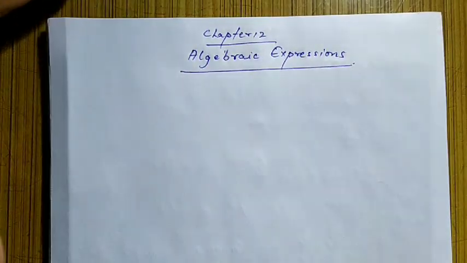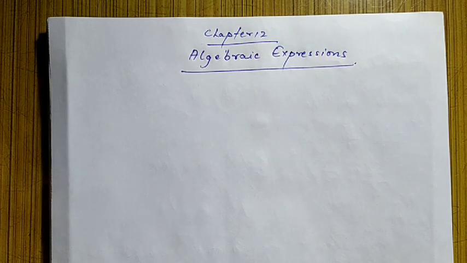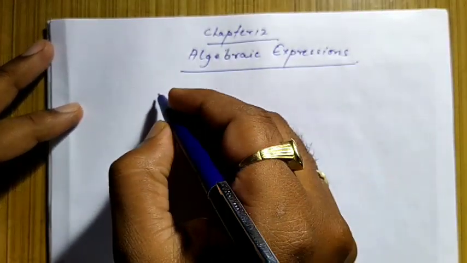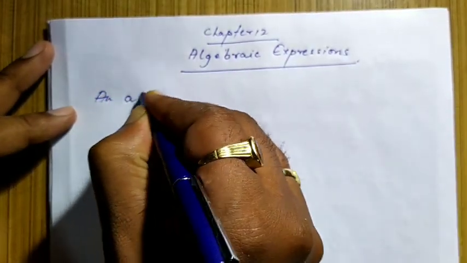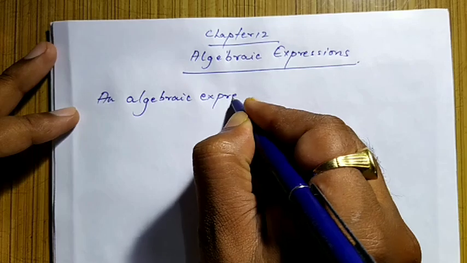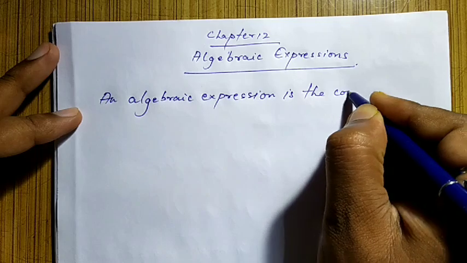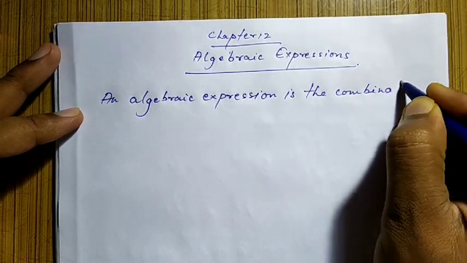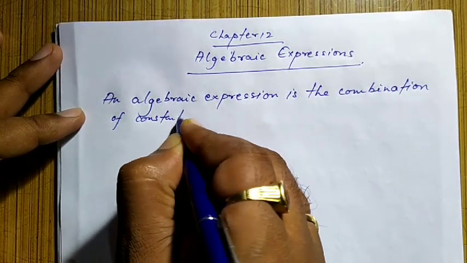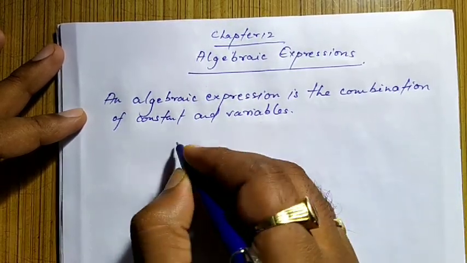Okay, so what is an algebraic expression? An algebraic expression is the combination of constant and variables.